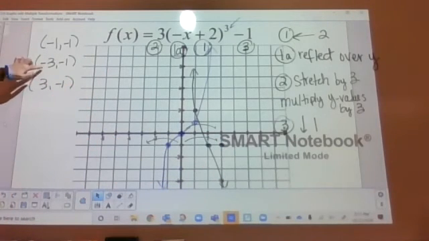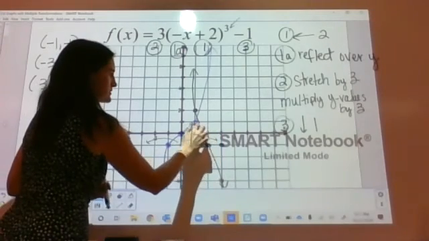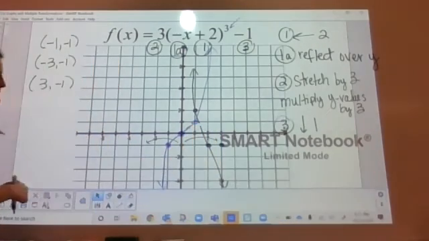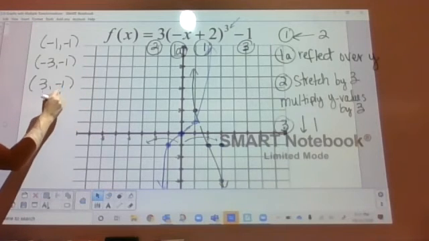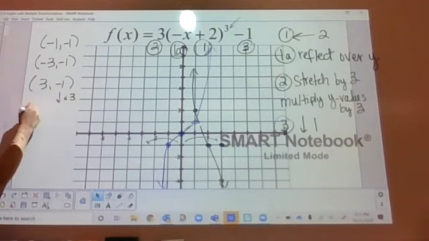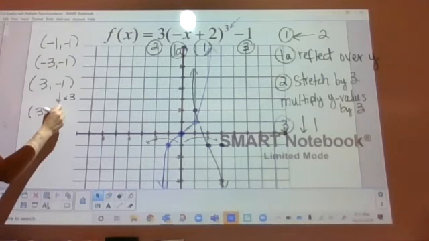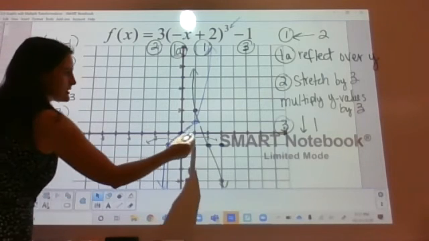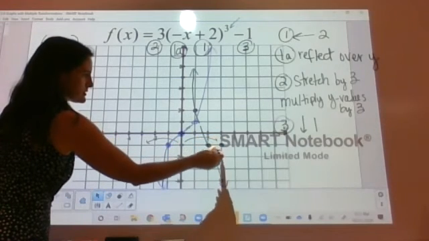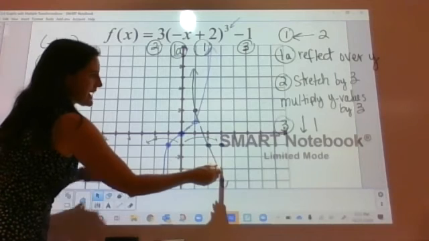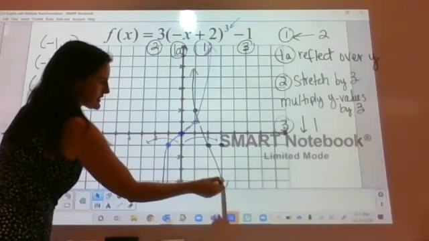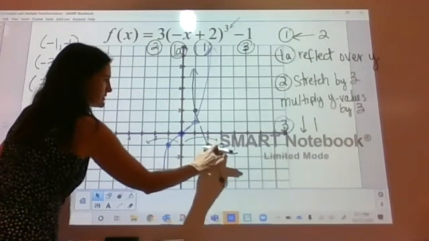You took the opposite of your x value. And then stretching by 3 means multiplying your y value by 3. So this becomes 3, -3. And then down 1 gets you right there where I said it was going to be.